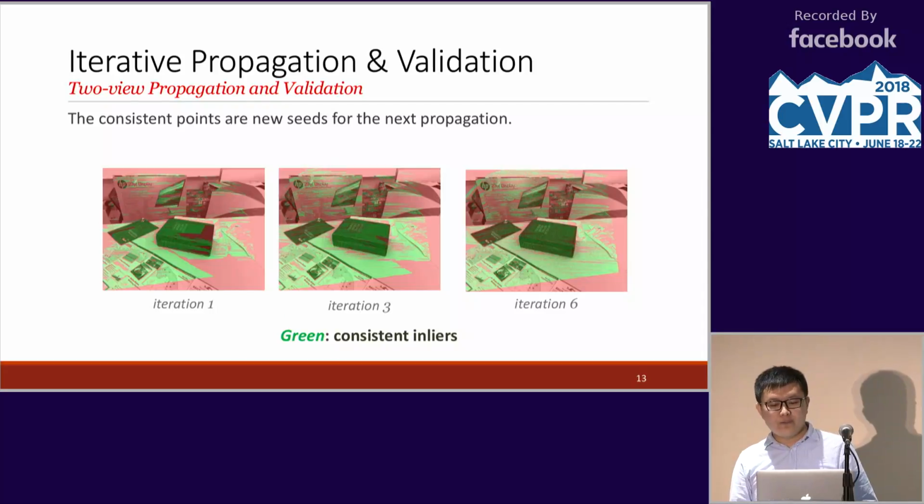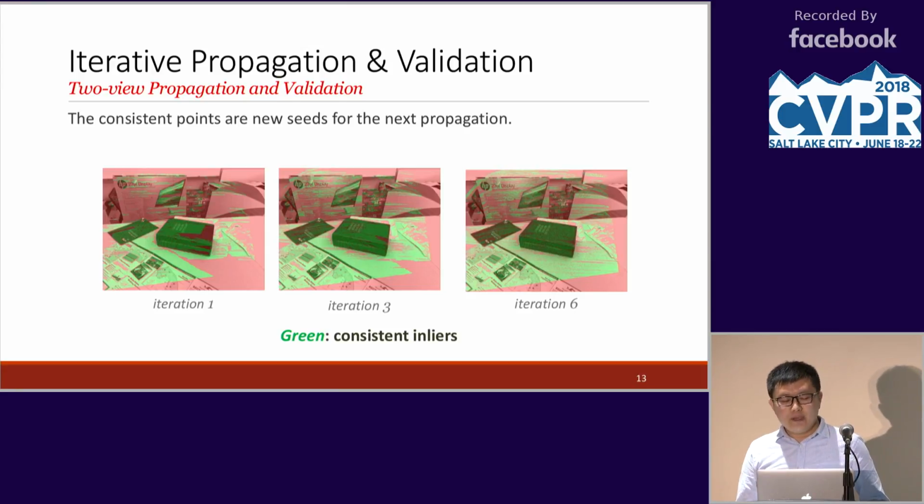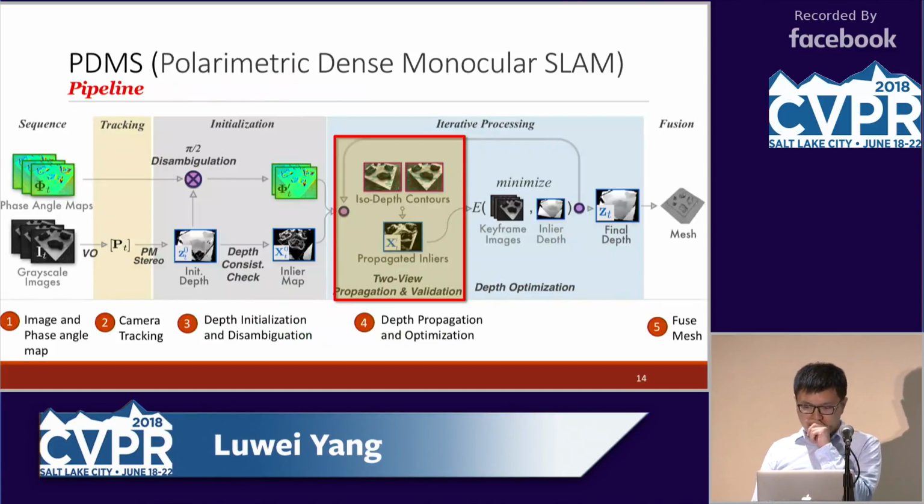After multiple iterations, the inlier points can be propagated to cover large regions, and as shown in the slides, the green pixels are the consistent points. After the depth propagation, we use the propagated depths as a constraint and optimize the final depths.